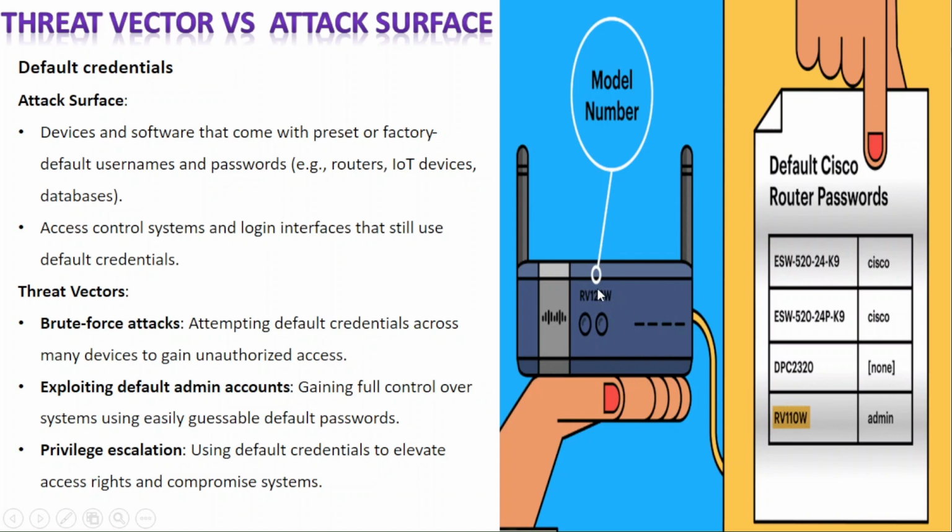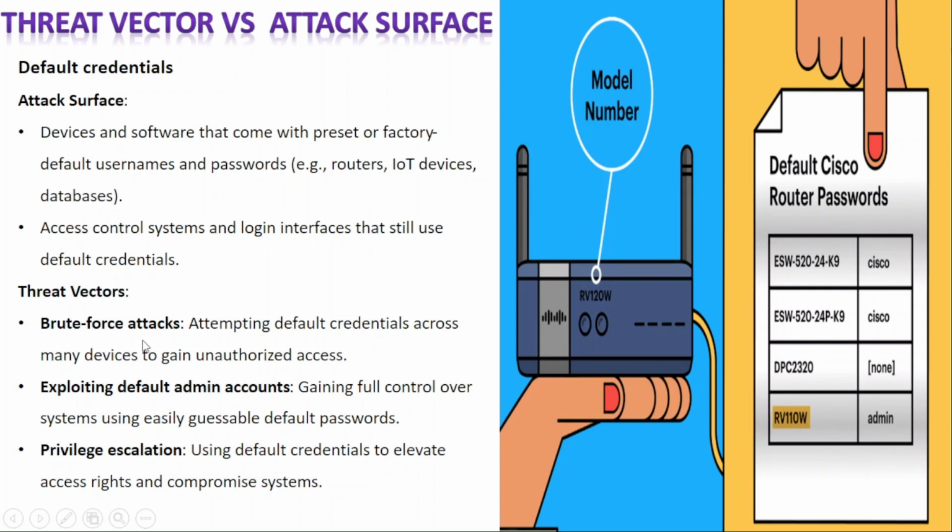So if you don't change these default credentials, anyone having access to this router or any device can easily look up the model on the internet and can potentially access it. So devices and software that come with preset or factory default usernames and passwords, for example routers, IoT devices and databases, access control systems and login interfaces that still use default credentials. Access control systems again means the firewalls and routers that have web interfaces to access them, but they have the default credentials.